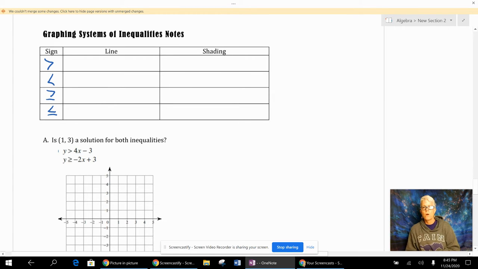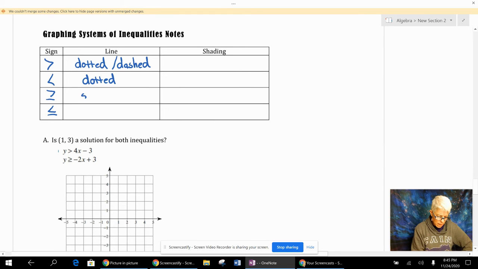Now, if you remember from when we were doing inequalities, with less than or greater than the line would be dotted or dashed, however you want to think of it. It will not be solid. If it is a greater than or less than with an equal sign under it, then it will be a solid line. So you want to keep that in mind.